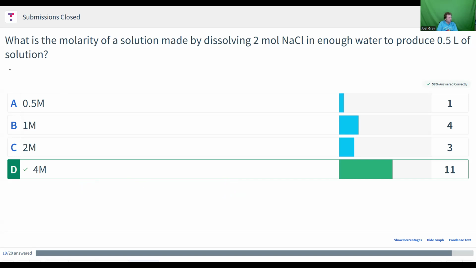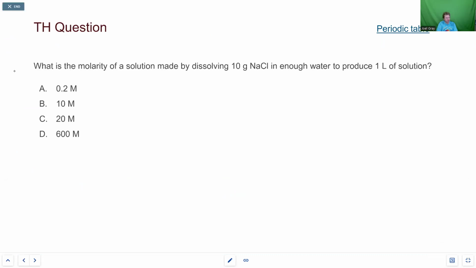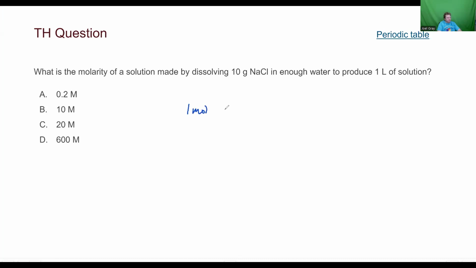Okay, now another Top Hat question. Let's use the same sort of thing. But here we've got: what is the molarity of a solution made by dissolving 10 grams of NaCl in enough water to produce a 1 liter solution? Okay, so 10 grams, and I'll give you this so that you can use it. 1 mole of NaCl is equal to 58.4 grams of NaCl.